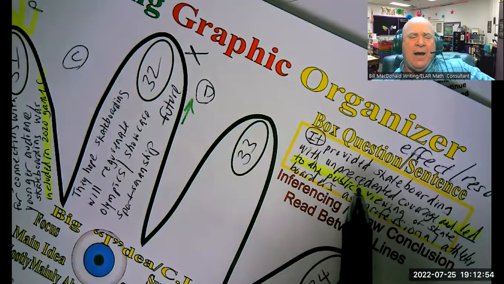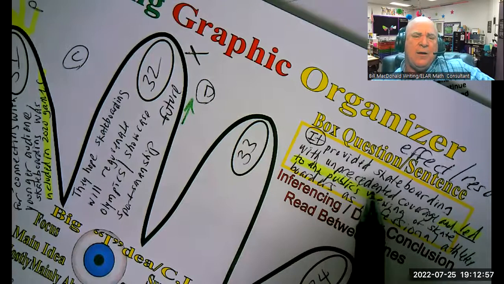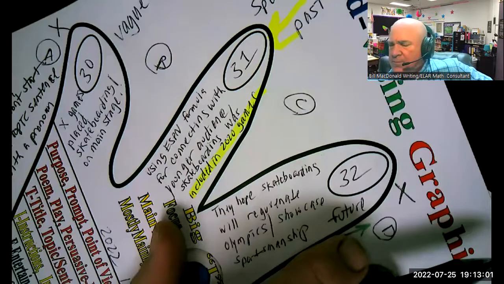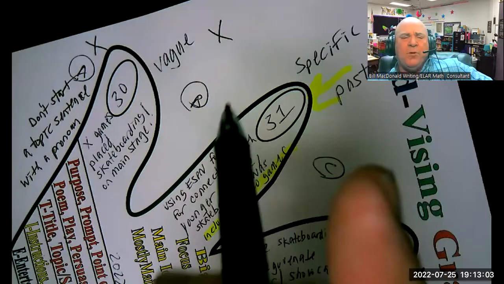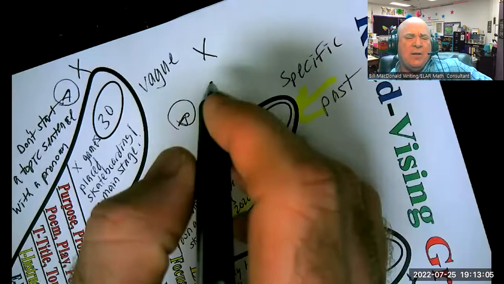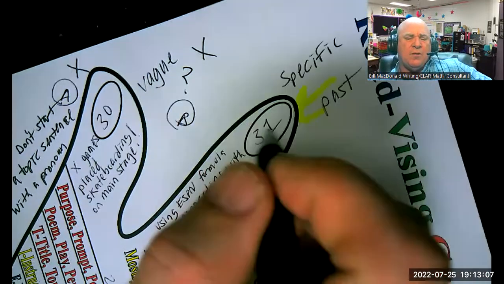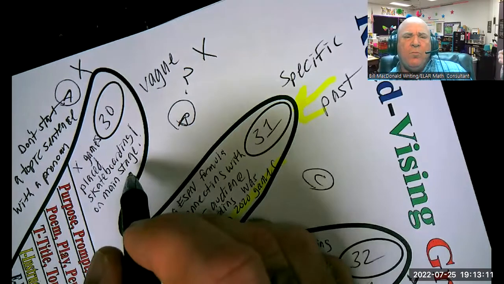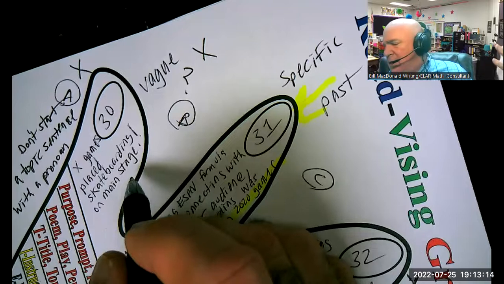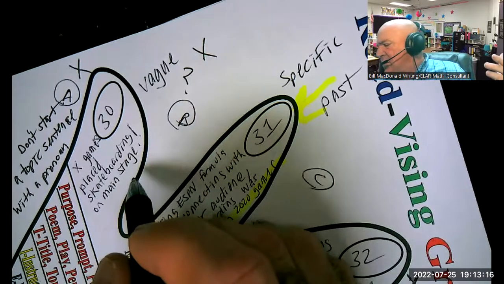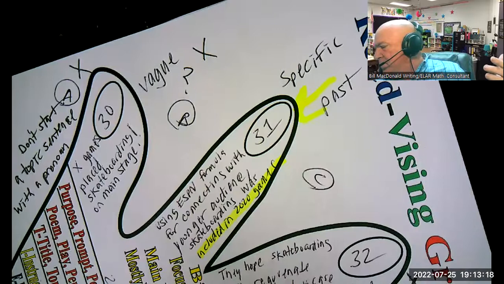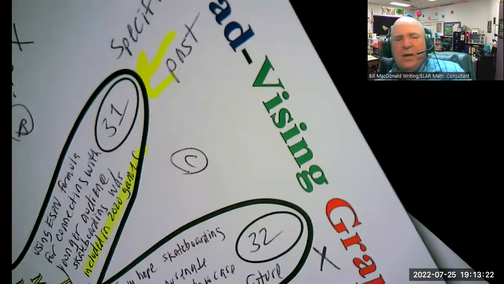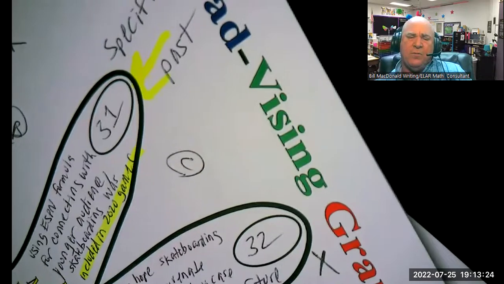I don't have enough information with that one. So it's vague. So I would either put an X, or I would at least put a question mark, because it doesn't give me enough information that would cause me to see why skateboarding would be viewed so much and lead to what they said was so much coverage and people seeing it as a professional game.